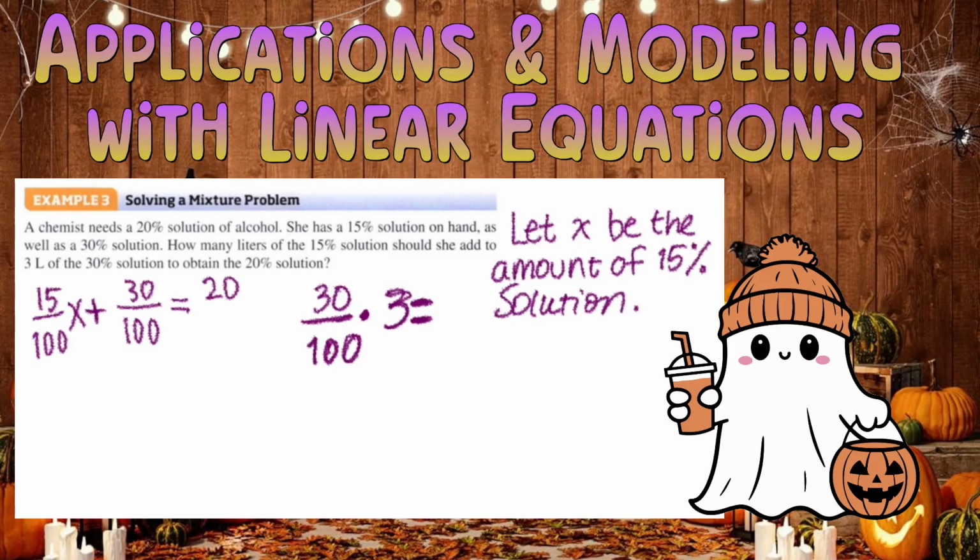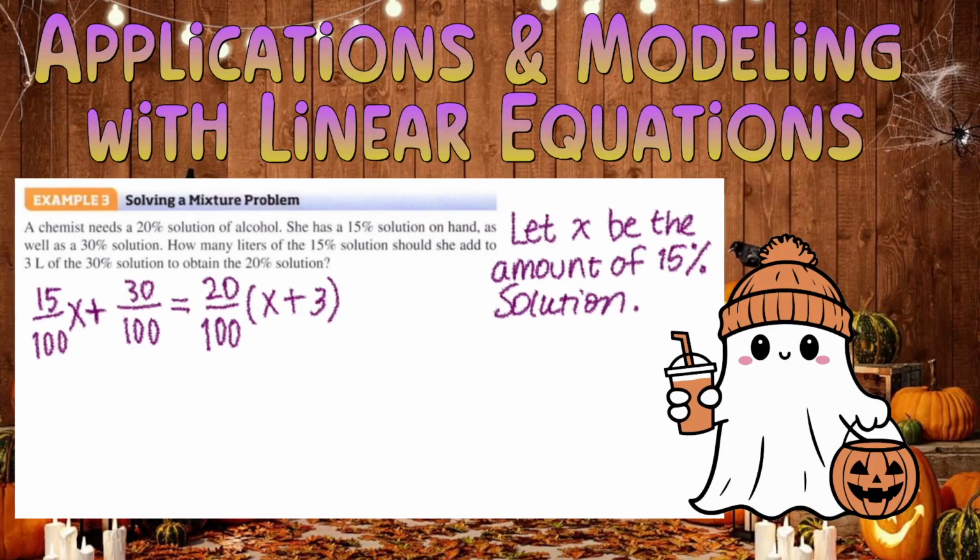But what will the volume of my 20% solution be? 20% of what? Well, the volume is based on what I just mixed together. So that's going to be X liters of the one solution plus 3 liters of the other. So that is the equation I'm solving.